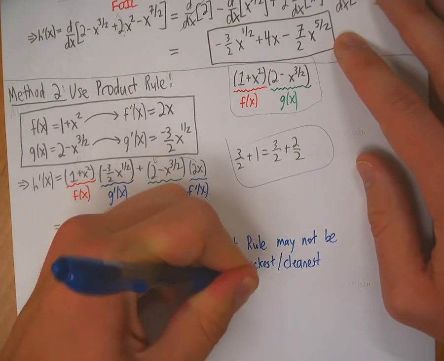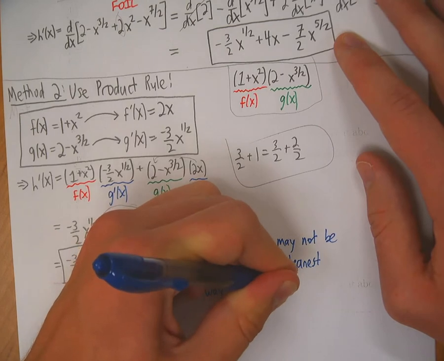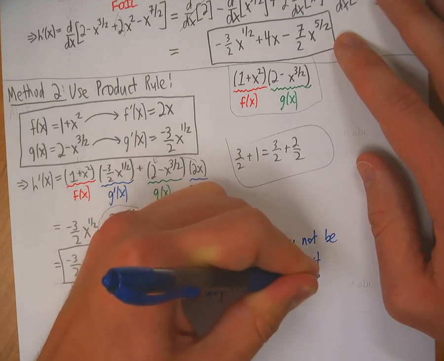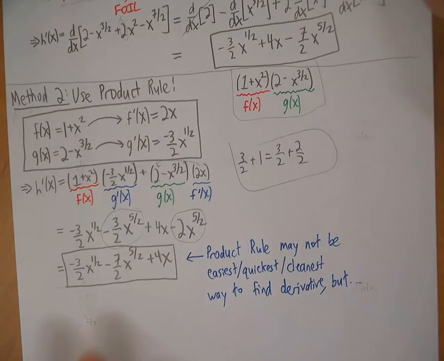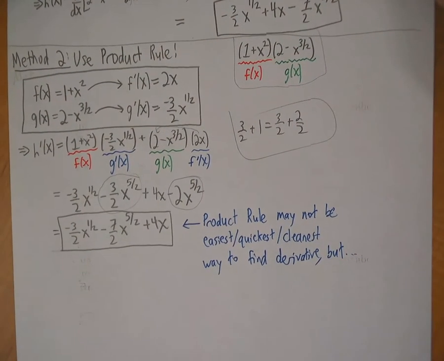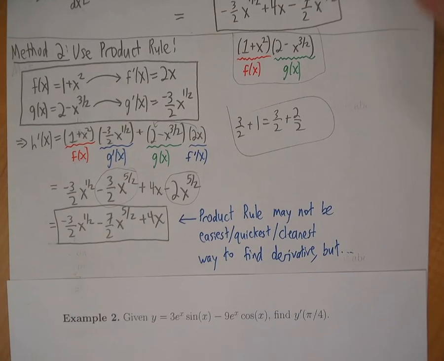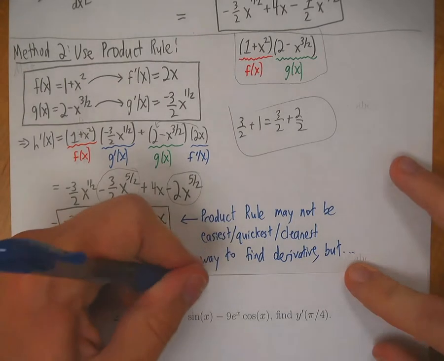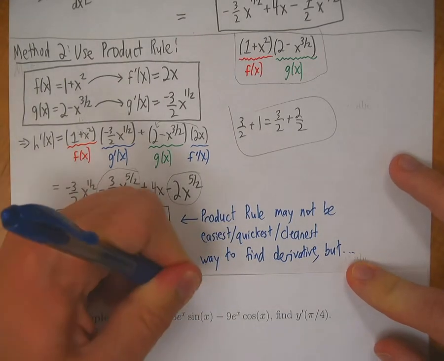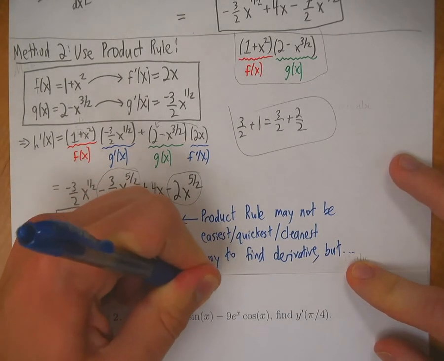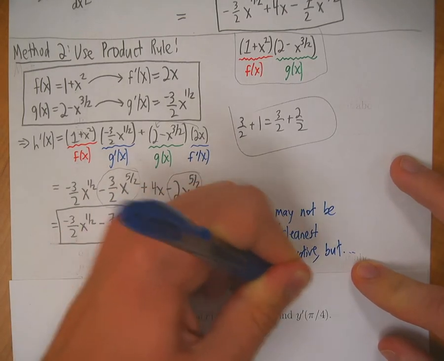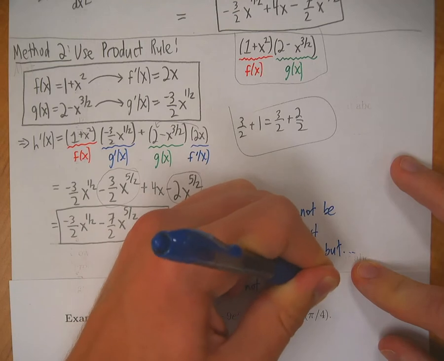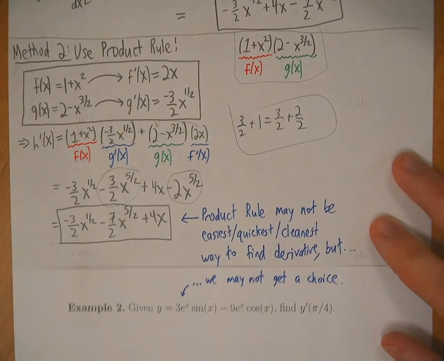Sometimes product rule is your only option. As we'll see in example 2, we may not get a choice. Okay?